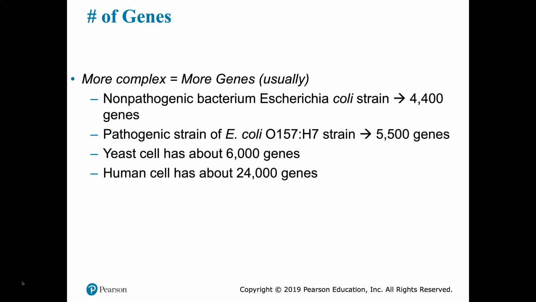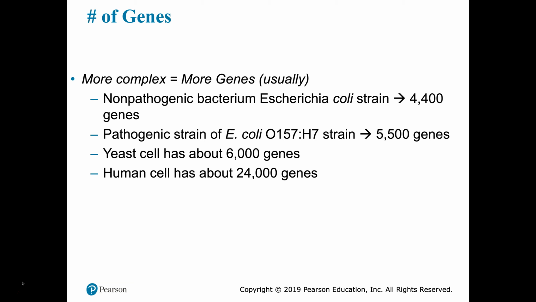But a pathogenic strain, a disease-causing strain of E. coli, specifically O157H7, which is the most pathogenic strain of E. coli that we will talk about, and we will talk about that in detail later in the semester, has roughly 5,500 genes, so it has about 1,100 more genes than the non-pathogenic.